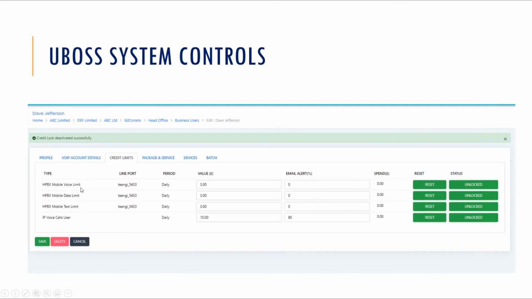So mobile voice, if you happen to be roaming, that's the only time that you'll see charges there. Mobile data, again, anything that's gone outside the bundle or is grinding up charges there. The text is obviously a limit, but there are texts when roaming. So again, it all relates to charge. So if anything begins to charge, the system will take care of these anomalies that might come through roaming, etc.